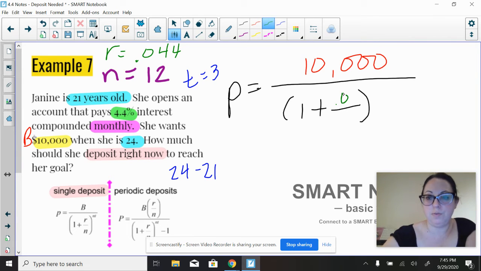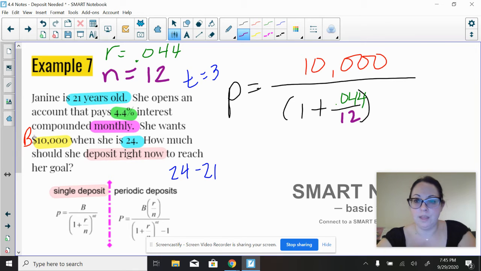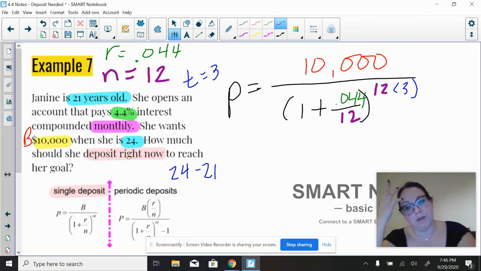My R value is 0.044, and my N value is 12. And then for my exponent, the NT, I'm going to have a 12 times that time value we found, 24 minus 21, which gave me 3 years.